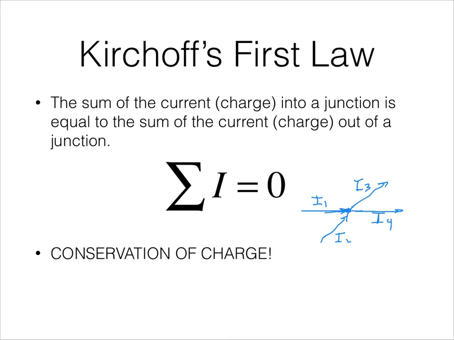I find it easier if I just say the current in, current 1 plus current 2, because those are both going in, has to equal the current in 3 plus the current in 4. You do that, in equals out, that's it.